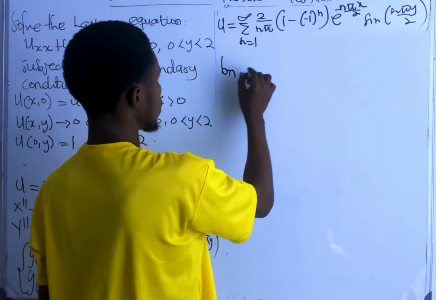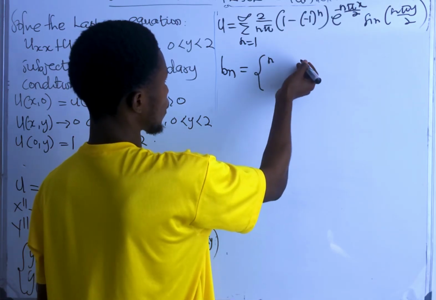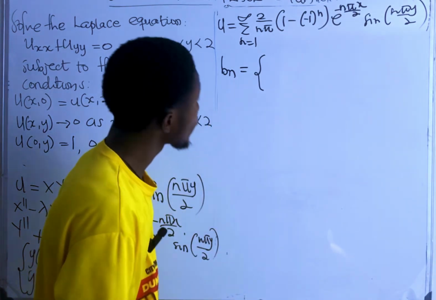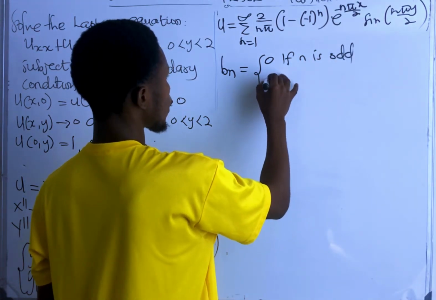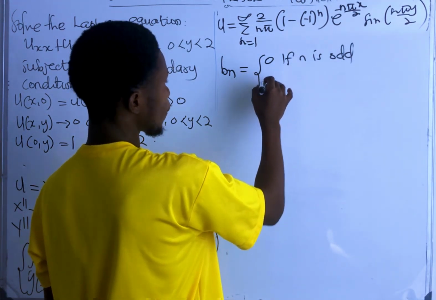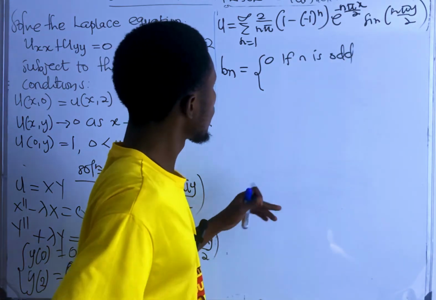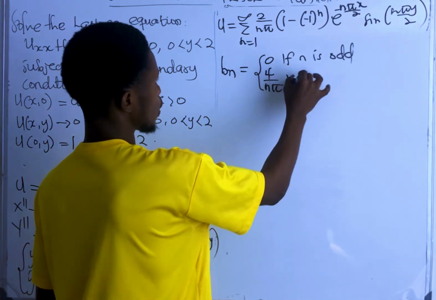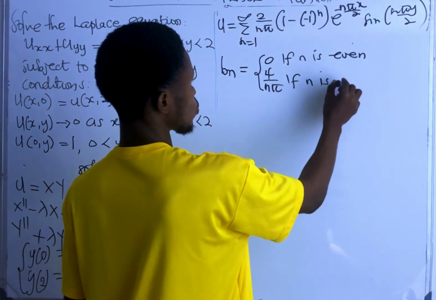So it tells you that Bn, that's for Bn, okay, is this. Look. Bn is 0 if n is even, and 4 over n pi if n is odd.